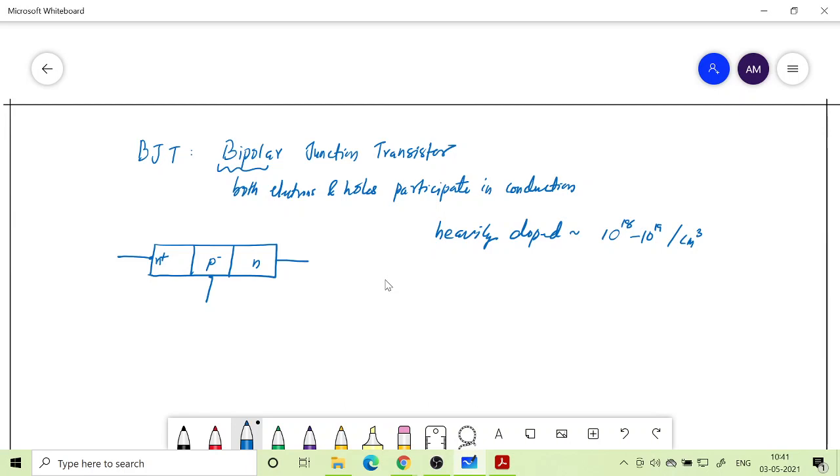If it is N-type impurity that you are putting, you will get N-type semiconductor, and the impurity atoms could be anything that would donate an extra electron. Phosphorus, arsenic are examples.